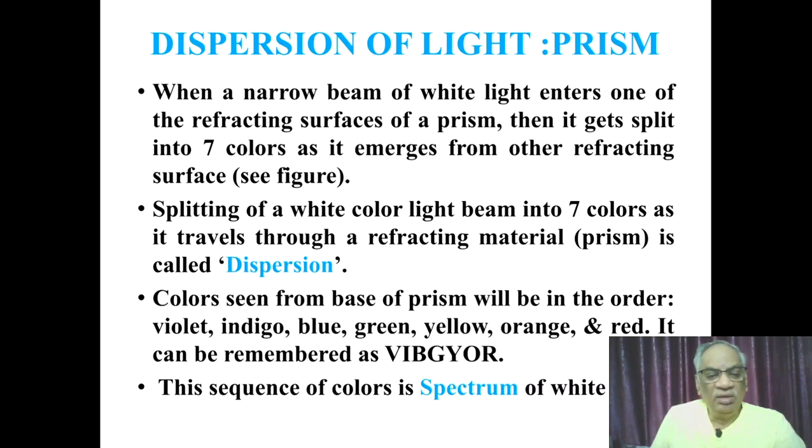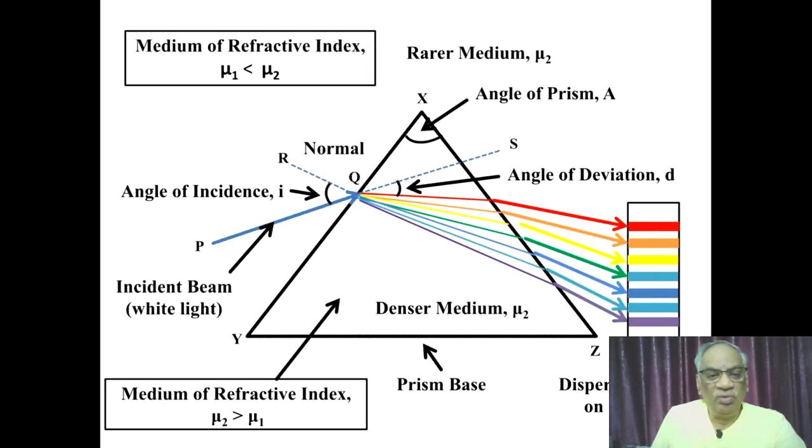Colors seen from the base of the prism will be in the order violet, indigo, blue, green, yellow, orange and red. We remember this sequence as VIBGYOR. This sequence of colors is the spectrum of white light. You can see this clearly in this figure.